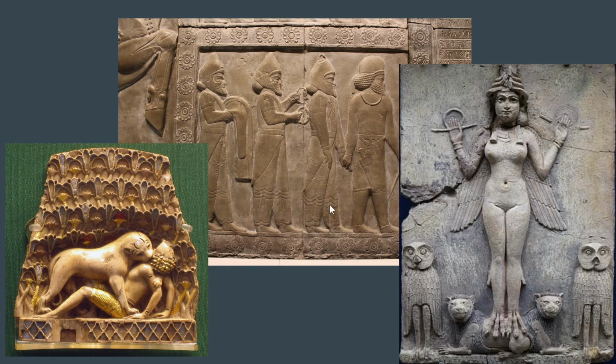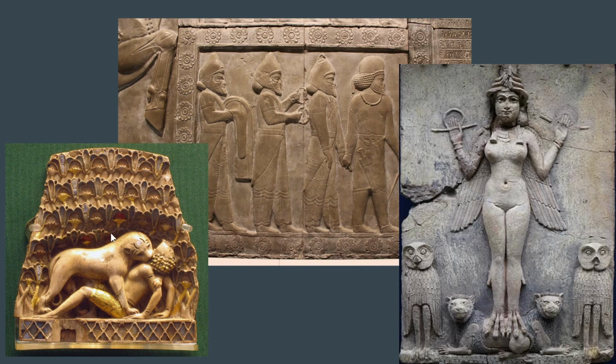Okay, so here are some examples of Mesopotamian art. Look at this one, bottom left. It's a parallelogram, right? Or is it a trapezoid? I don't know. This animal, I'm guessing it's some kind of lion, maybe a female lion, because there's no mane, devouring this human.